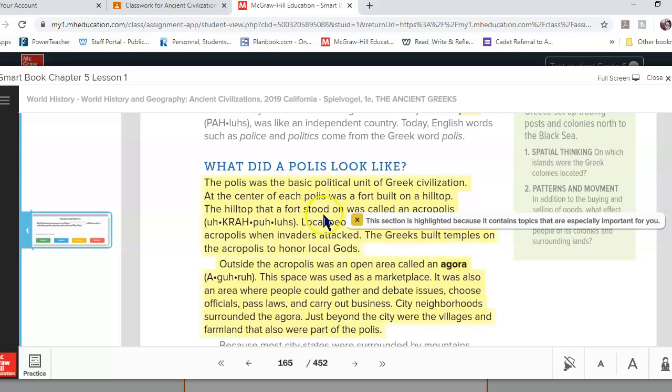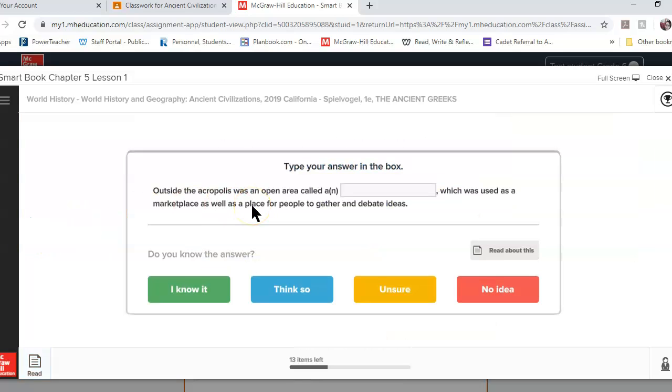The center of each polis was a fort built on a hilltop. The hilltop that a fort stood on was called Acropolis. Outside the Acropolis was an open area called an agora. I think that's the first one I want. So I can go back to practice, and I don't have to click down here and practice. It's right here on the side. I can click it to pick it back up. I'm going to put agora in here.